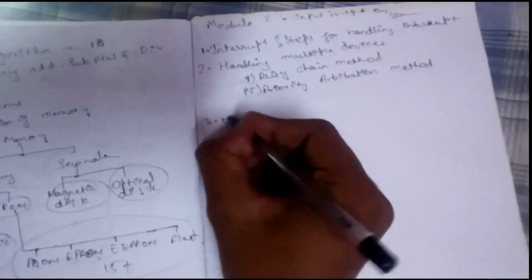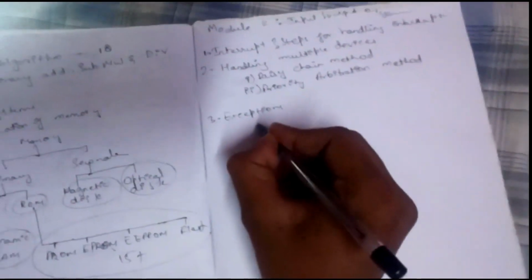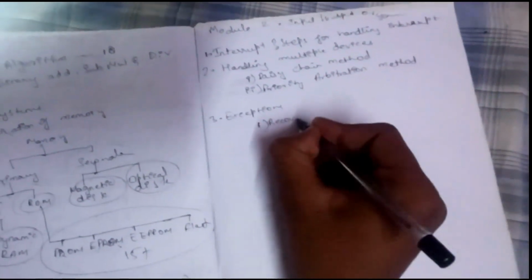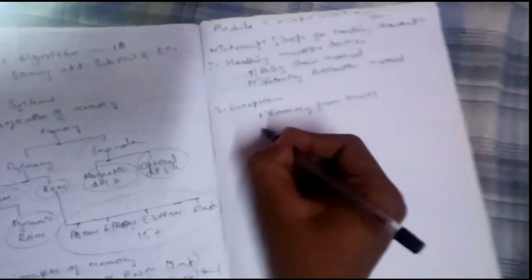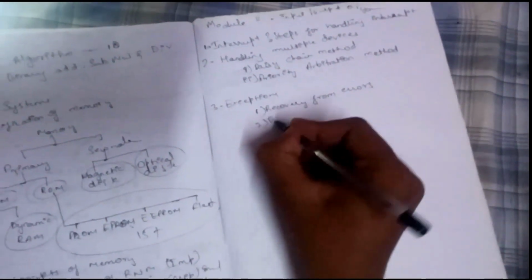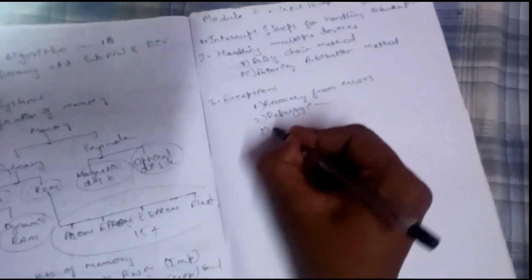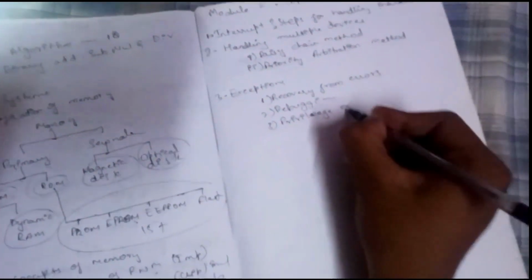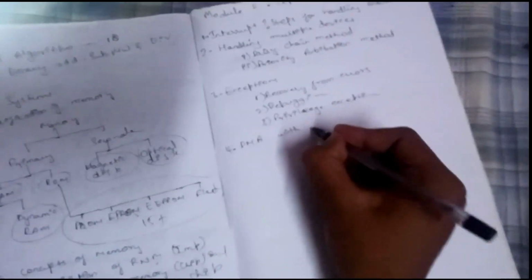Third one is exceptions. There are three types of exception: recovery from errors, debugging, and privilege exceptions. Fourth one is DMA with diagram, direct memory access, an important question.